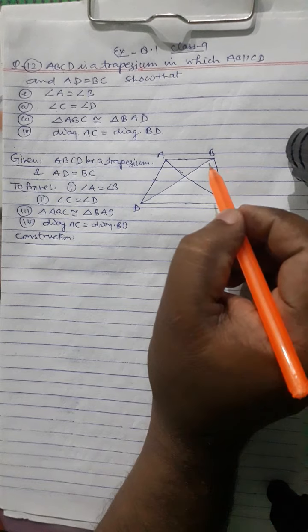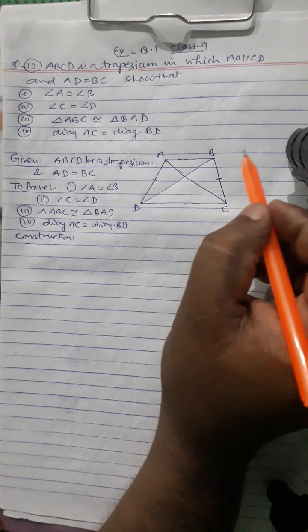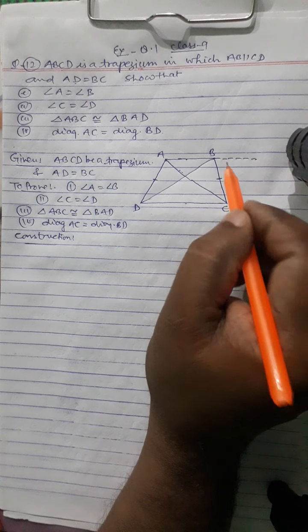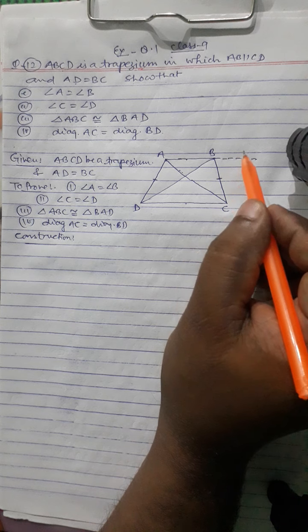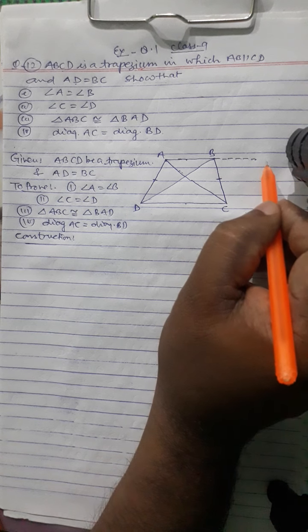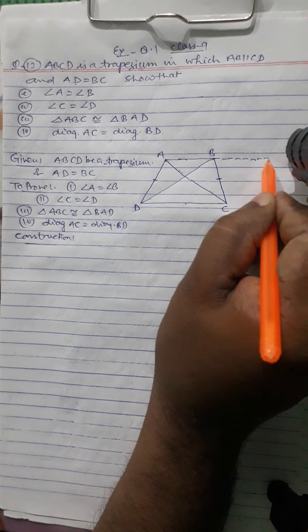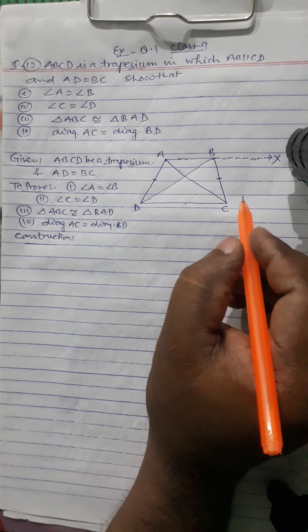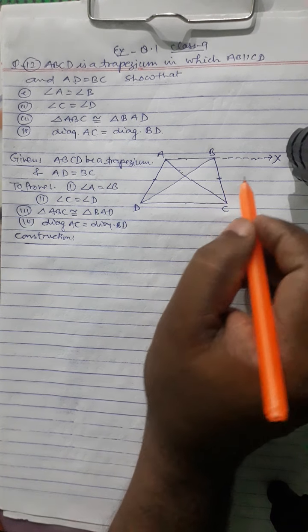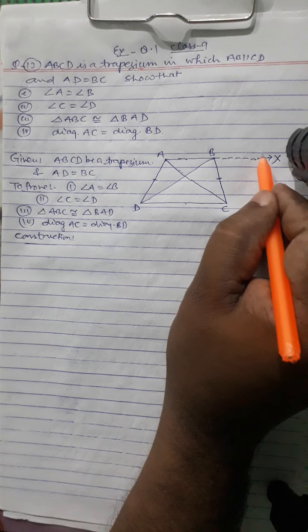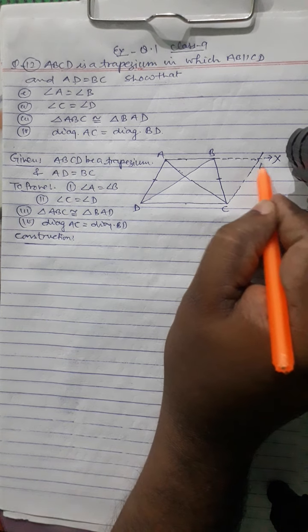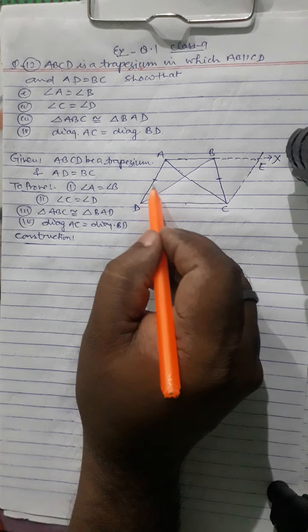Extend AB, produce AB to X, and draw a line CE, which is parallel to AD.